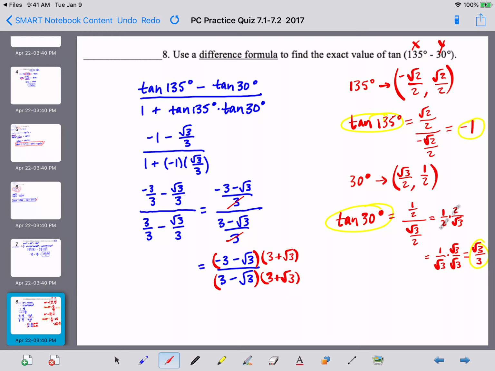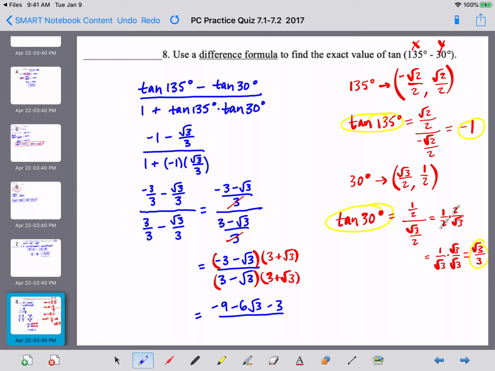All right, so if you FOIL all this out, great. I'm going to do a lot of it in my head. So negative 3 times 3 is negative 9. And then I'd have negative 3 root 3 and another negative 3 root 3, so it should be negative 6 root 3. And then negative root 3 times positive root 3 is just minus 3.